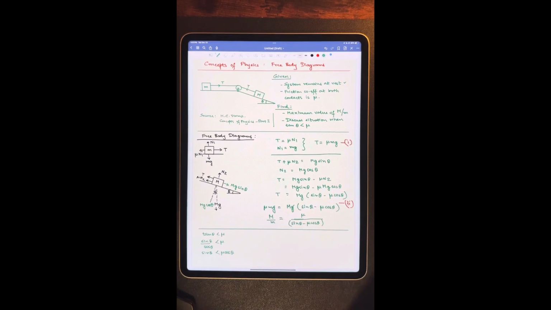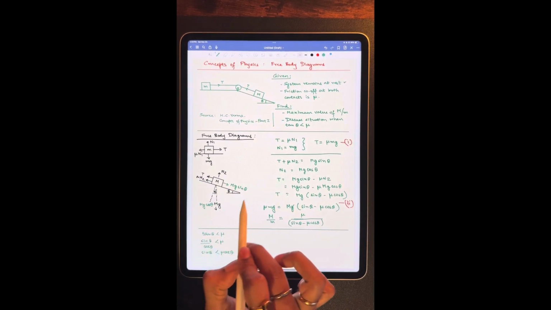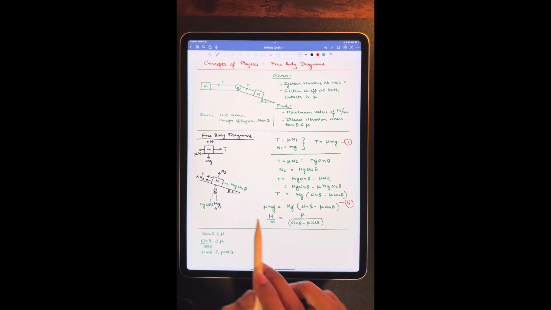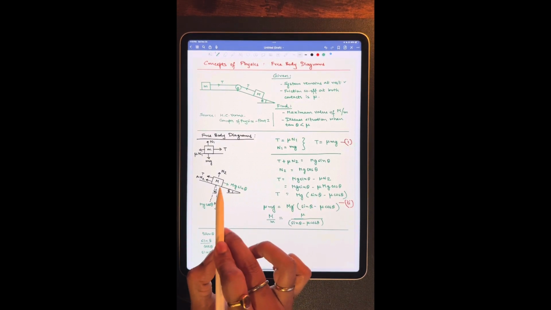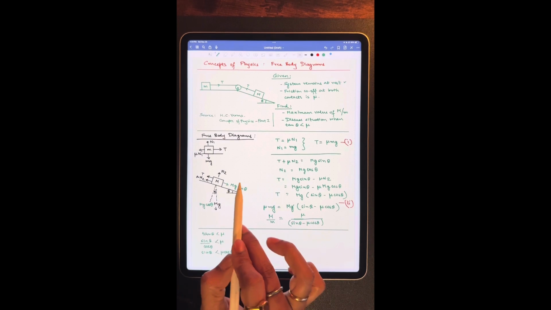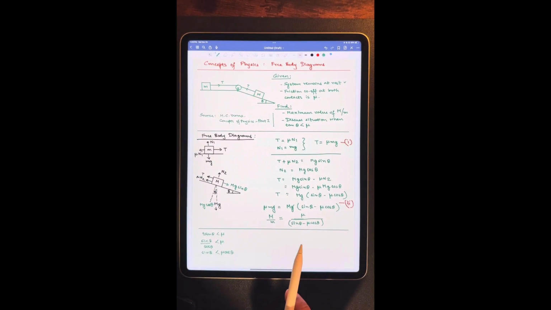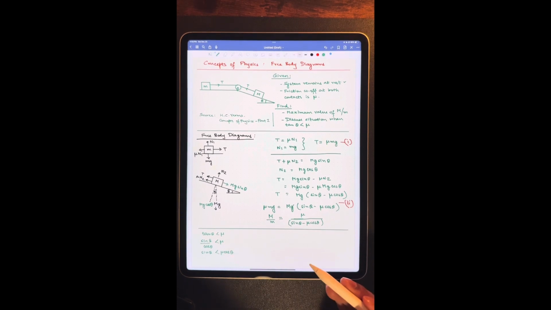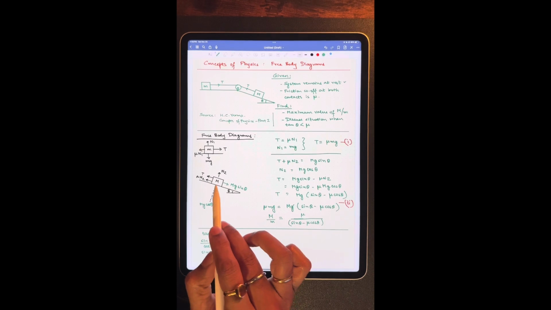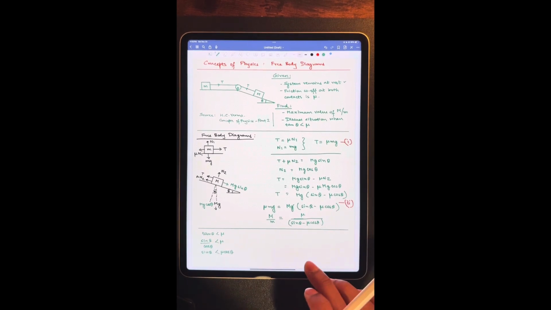Now let's look at this body here and see the forces, and assume that this body never slides down. No matter what the conditions are, this body never slides down. We can take other assumptions and prove as well, but for simplicity I'm taking this. We can also assume that the body always slides down and write the equations there.